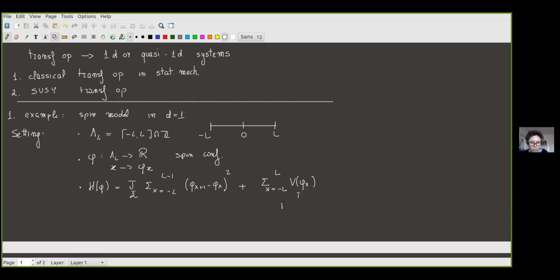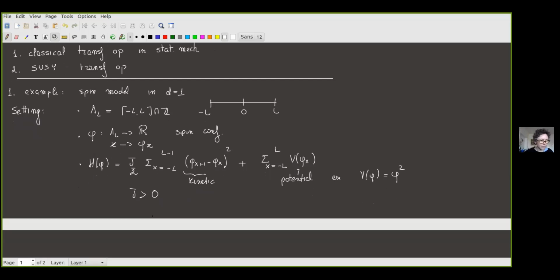So here we have the potential energy, and the typical example is V(phi) = phi^2. So, okay, just the parabola. Or you can always think that we are looking at a perturbation of phi^2. And this part is the kinetic part. And the parameter J is strictly positive. And this means that we have ferromagnetic interaction.